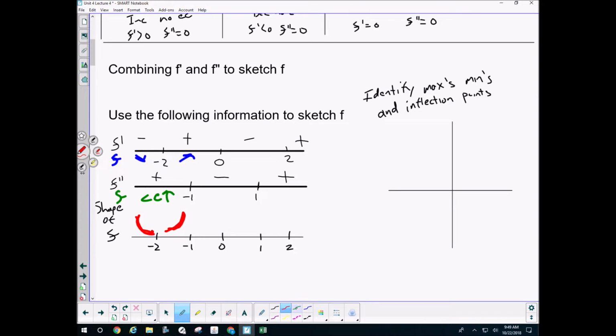If f is going up and is concave down, it'll look like this. If f is going down and is concave down, it'll look like this.